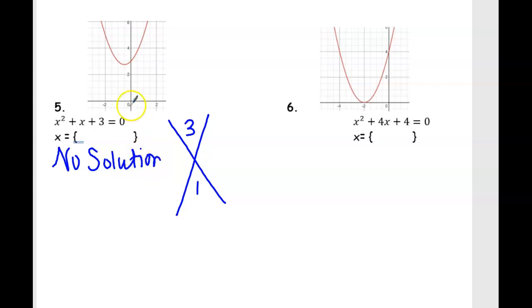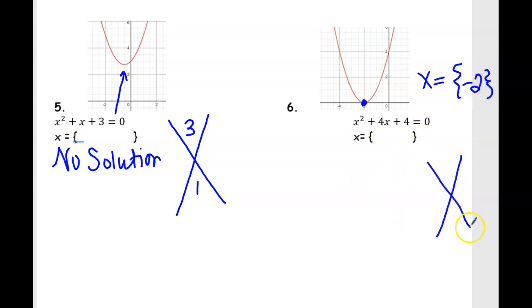Notice right here, it never crosses the x-axis. Okay, the next one, we cross only at one point, so it looks like our solution is going to be just -2. But let's factor it and see. So we start off and let's do our x. We've got 4 and 4. We know we can multiply 2 times 2 to get 4, and it adds up to 4.